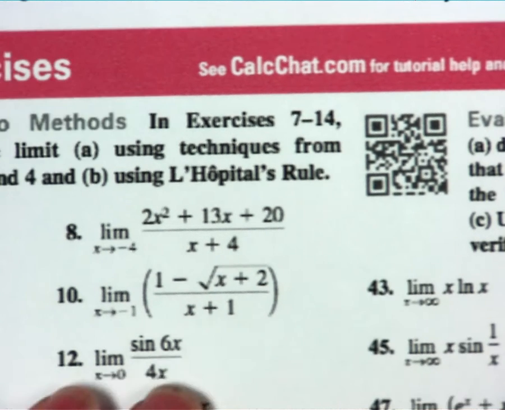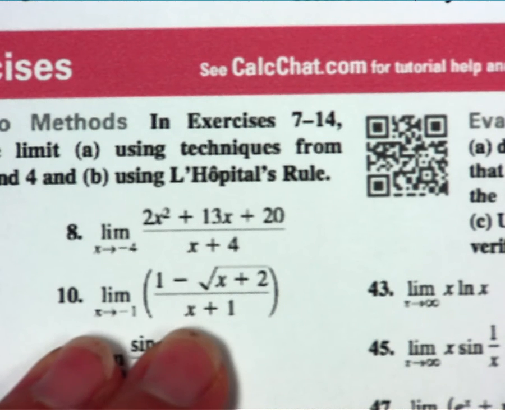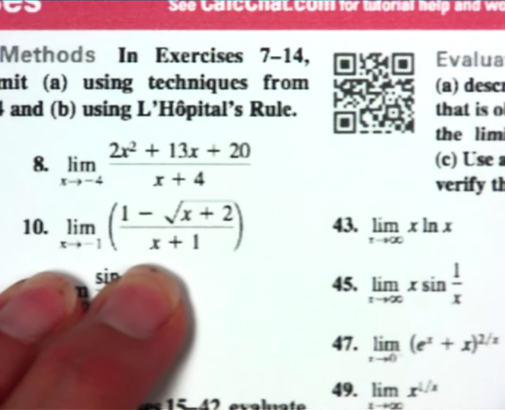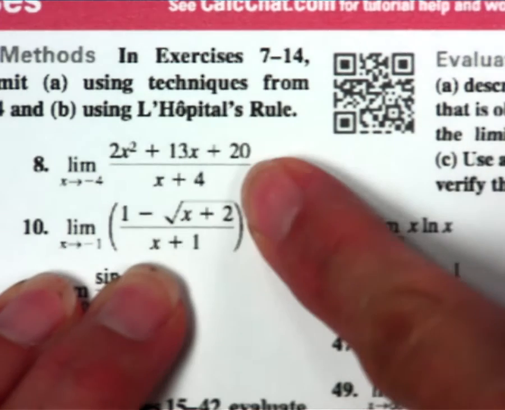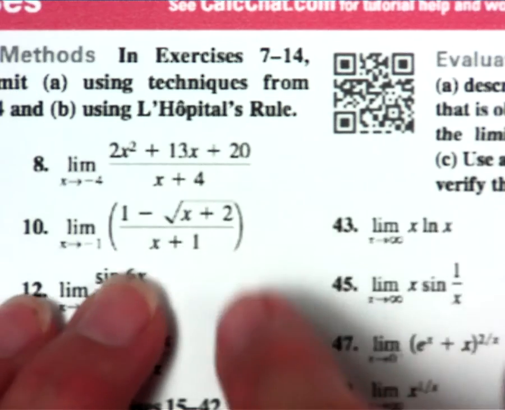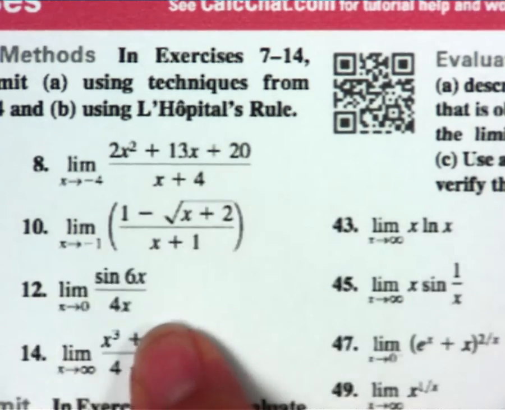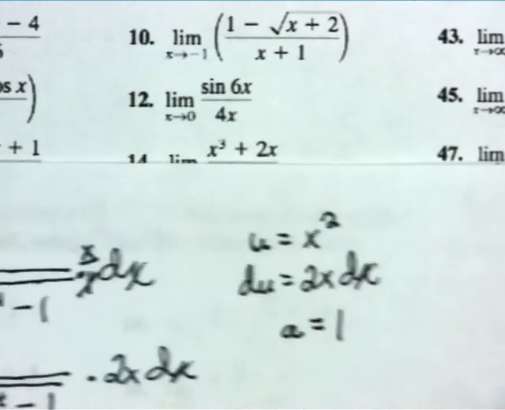Let me just mention that in number 10, can you remember the 3 tools for resolving indeterminate form that we just mentioned? Which one of those tools might fix that problem? Multiplying by the conjugate of the numerator. So our 2.3 way of doing things on number 8 is simplify the fraction. On number 10, it's multiply numerator and denominator by the conjugate. Number 12, I just wonder if you remember that little guy.